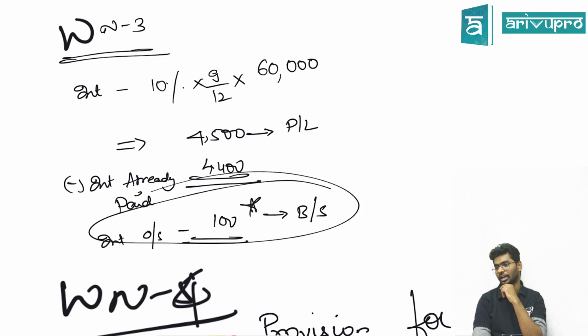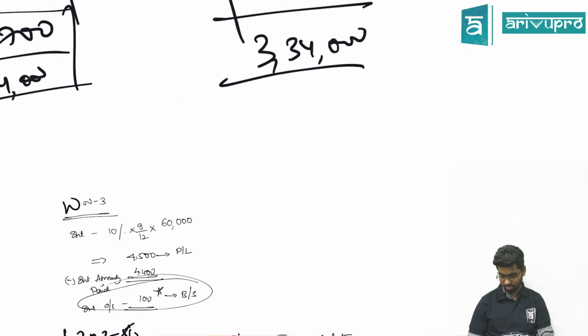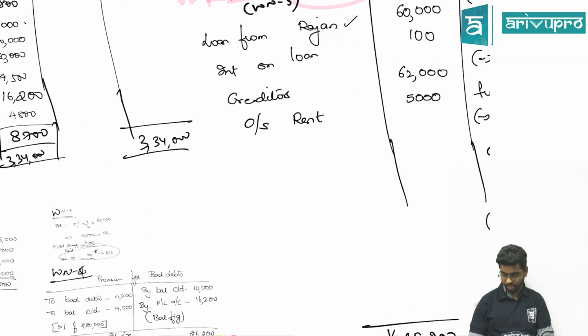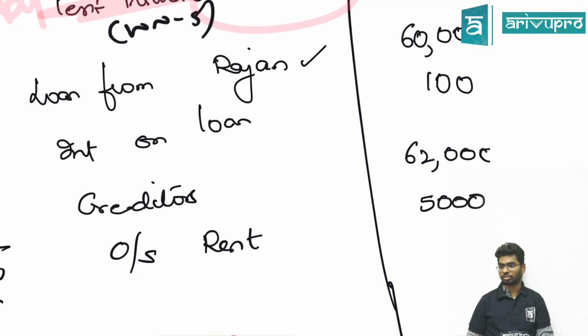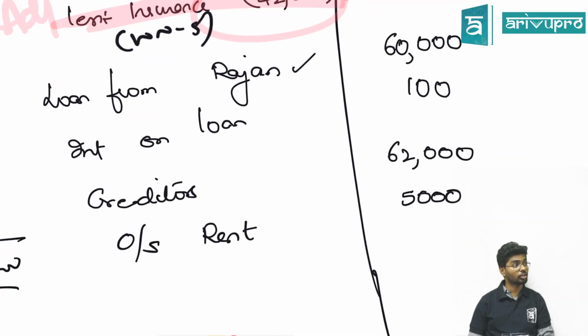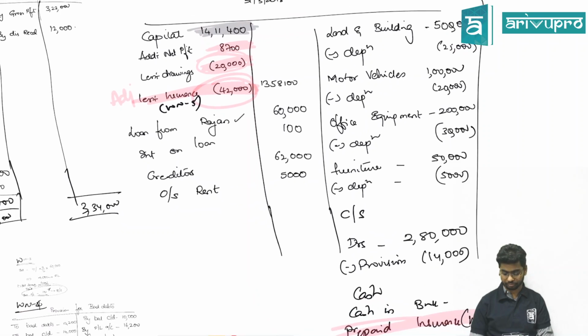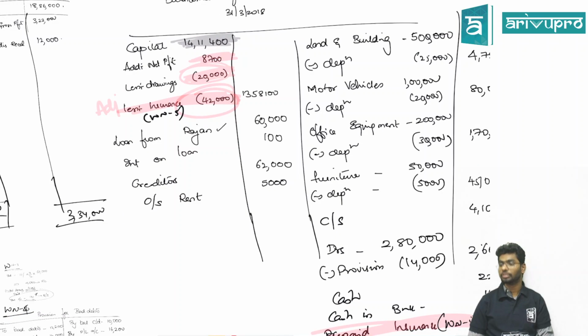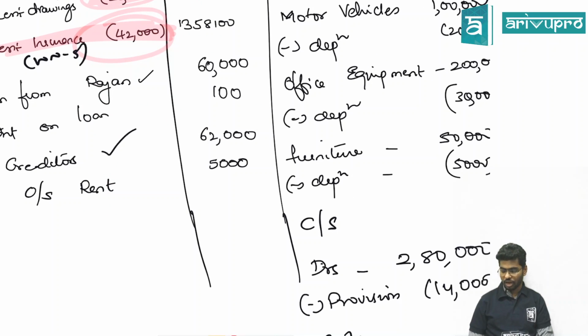Is it an asset or a liability? That's why I wrote here on the liability side, interest on loan account. Creditors already given in the question. Outstanding rent, does anyone have a doubt?